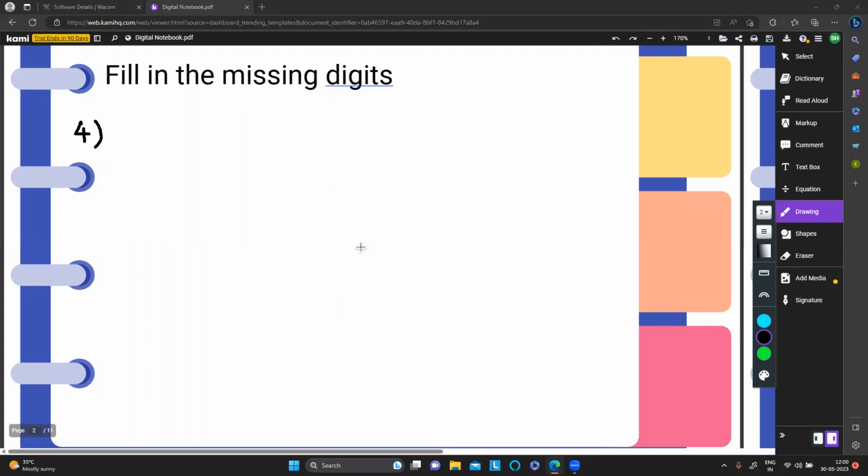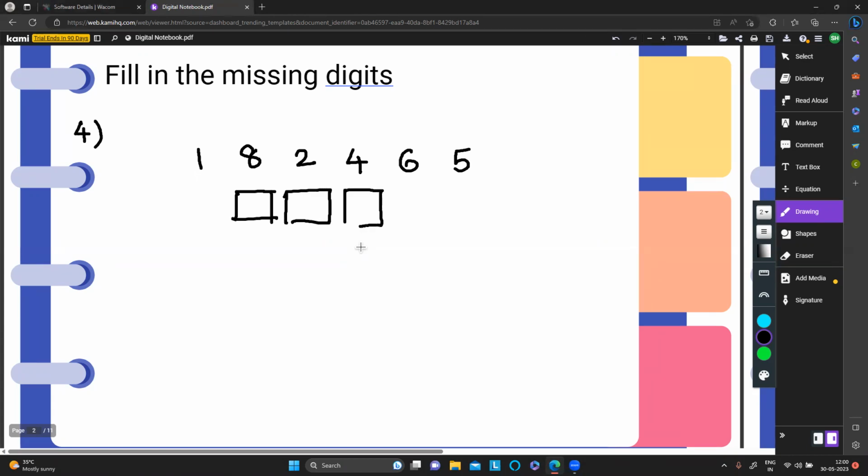Now we are moving on to the fourth sum, where you have to fill in the missing digits in subtraction. Okay, the first number is 1, 8, 2, 4, 6, and 5. Okay, then you have a block here. Consecutively, you have 3 fill-ups.